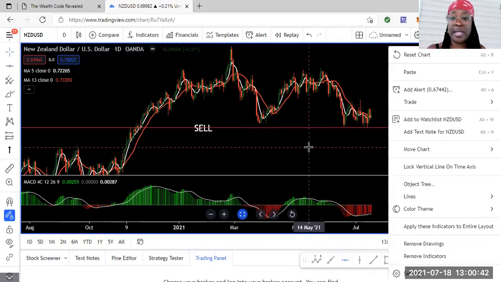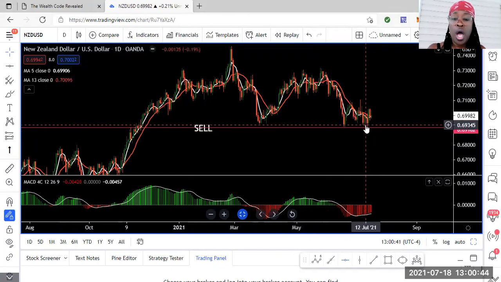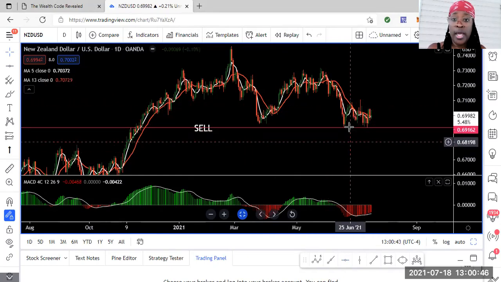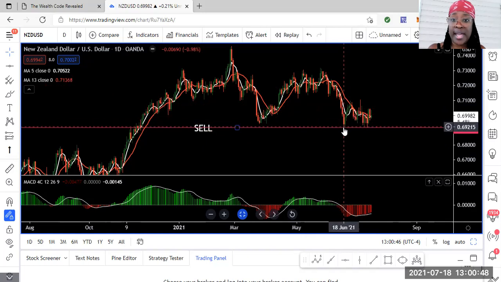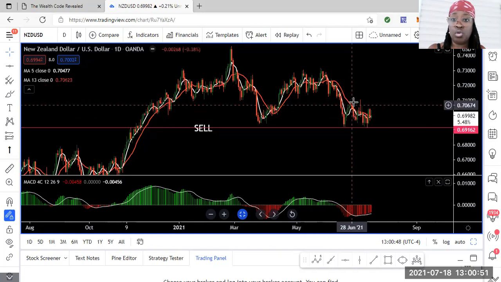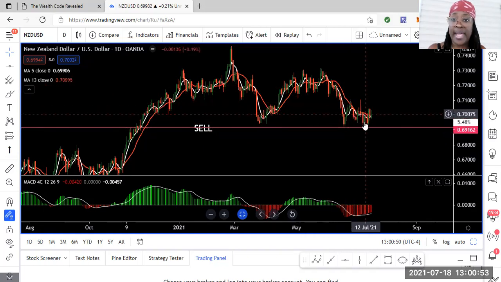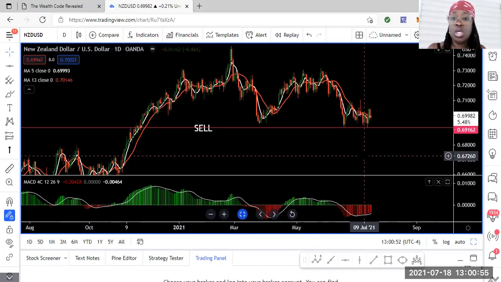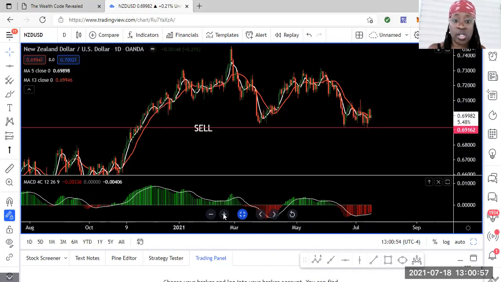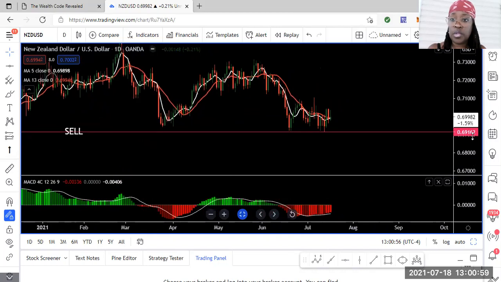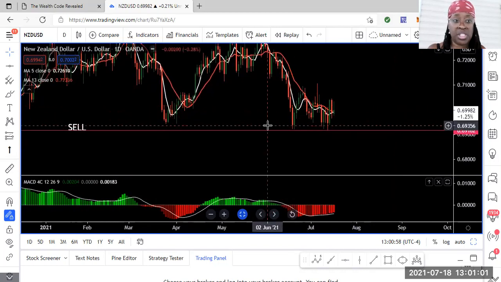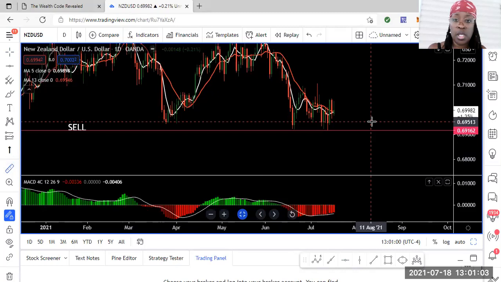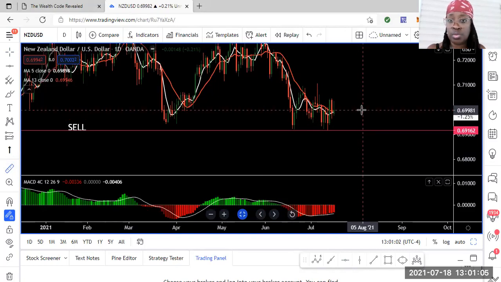Because we're selling, I'm going to focus on the support level. As you see here, price came down to hit this support level, pulled back up, came back down, retested and pulled back up. So from where price is currently, let's see what is the potential amount of pips this can go.